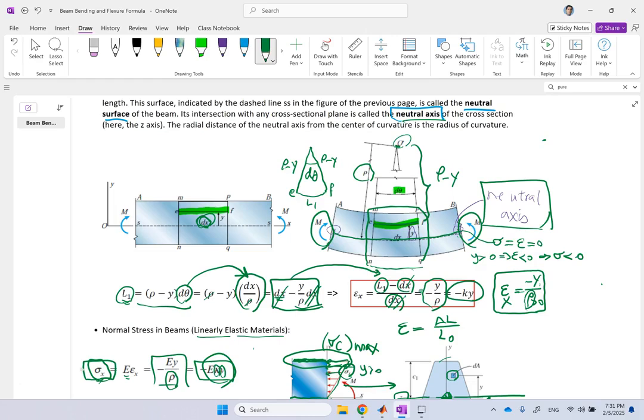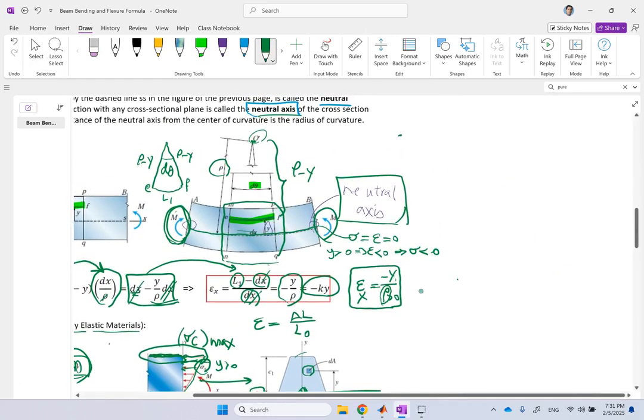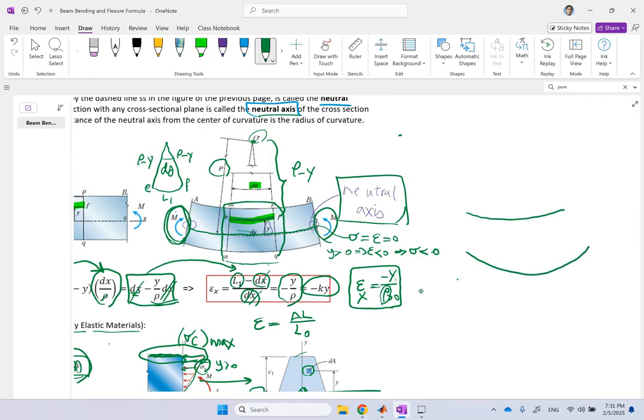I have no formula for rho or K. Everything should come from the loading, which is M. So if I make this bending moment bigger, I'm gonna have what? If I make M bigger, instead of a mild curve, I'm gonna have a much more aggressive curve, which means rho is gonna go down. So if M goes up, rho should go down, right?